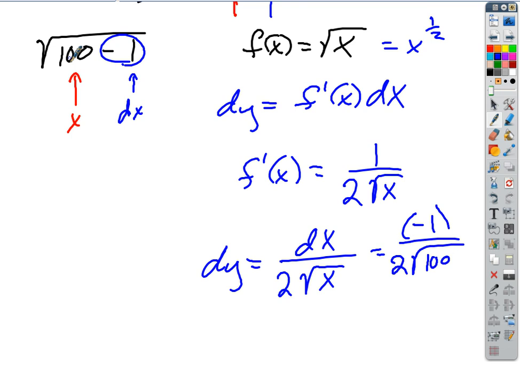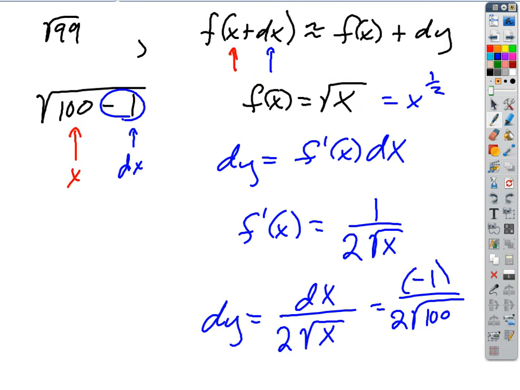So then what's our answer? Well, our answer is f of x, so that's the square root of 100, plus -1 over 2 times 10. So we get 10 minus 1/20, 10 minus 0.05, so 9.95.